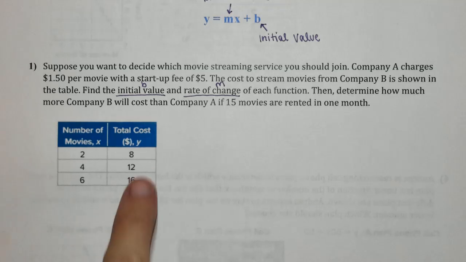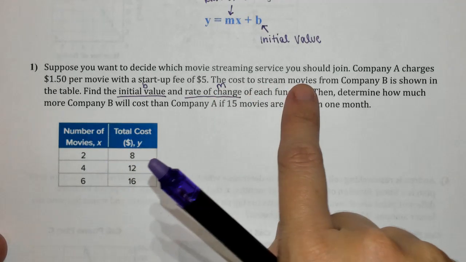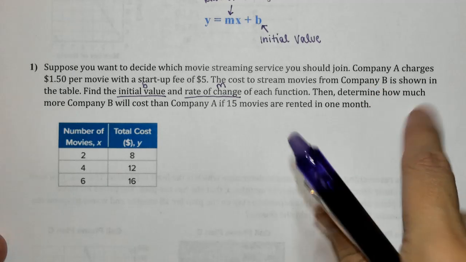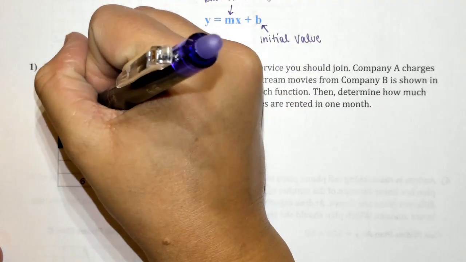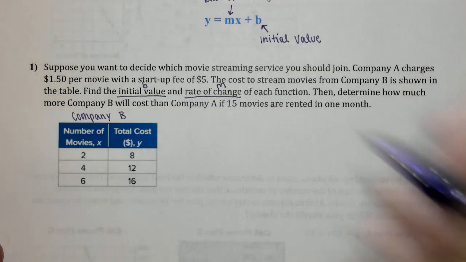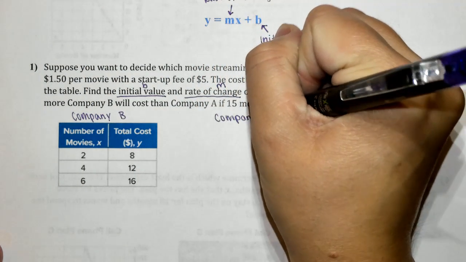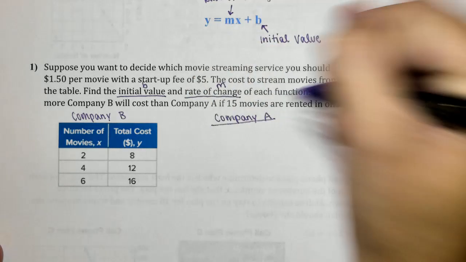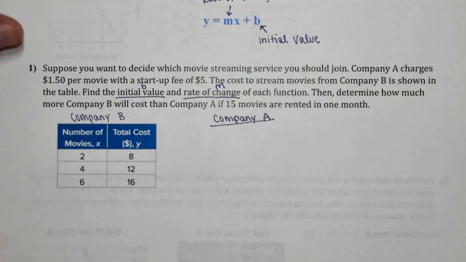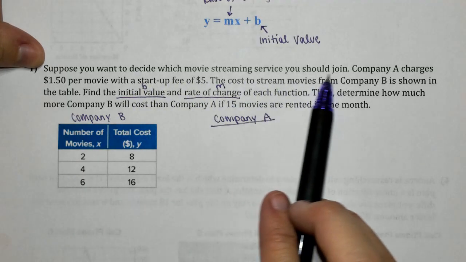We were told in the problem that the cost to stream movies from Company B is shown in the table. So this is Company B, and Company A was in words. I'm going to go back to the top and read it again. Suppose you want to decide which movie streaming service you should join.